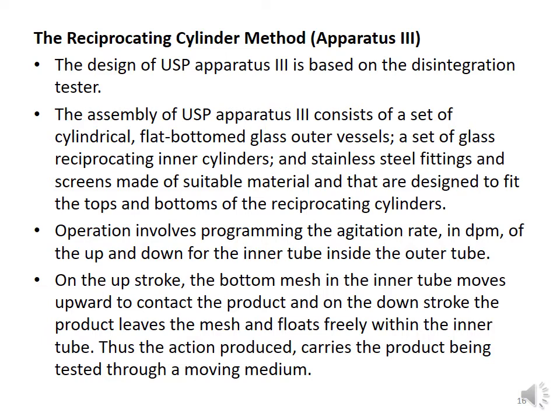Operation involves programming the agitation rate in dips per minute of the up and down movement for the inner tube inside the outer tube. On the upstroke, the bottom mesh in the inner tube moves upward to contact the product, and on the downstroke, the product leaves the mesh and floats freely within the inner tube. Thus, the action produced carries the product being tested through a moving medium.